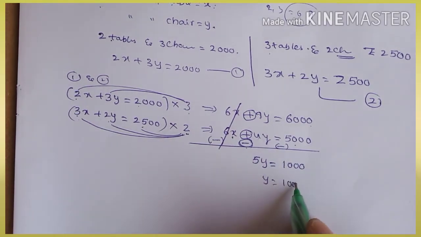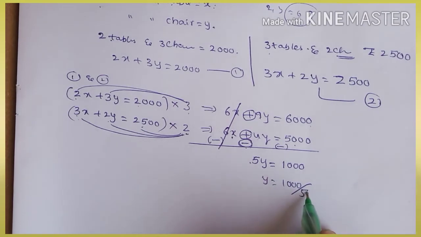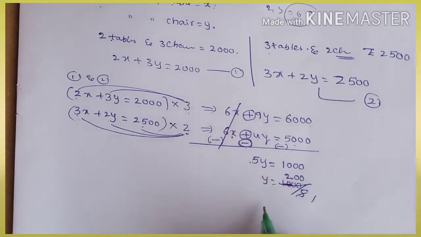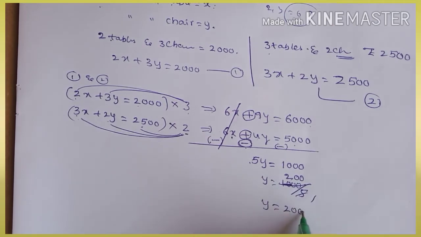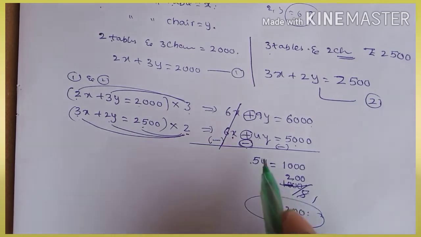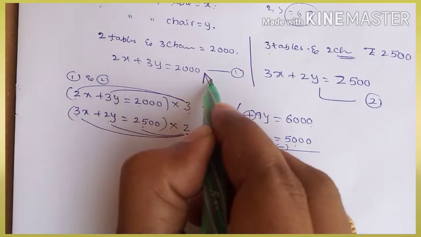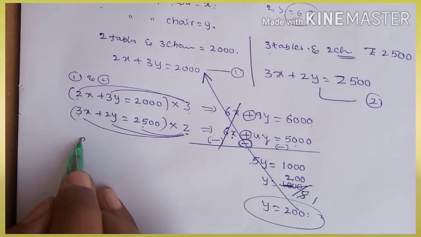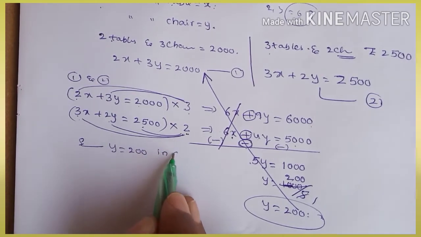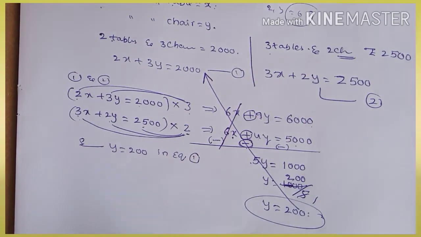y is equal to 1000 by 5, transposing. 5 ones are 5, 5 twos are 10, and 2 more zeros are there. So the value of y is equal to 200. This y value we can substitute in any one equation. I am substituting in equation 1. Substitute y is equal to 200 in equation 1.